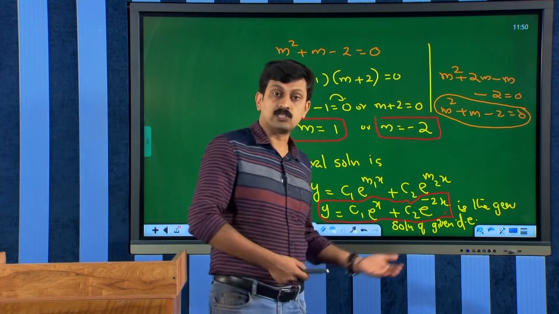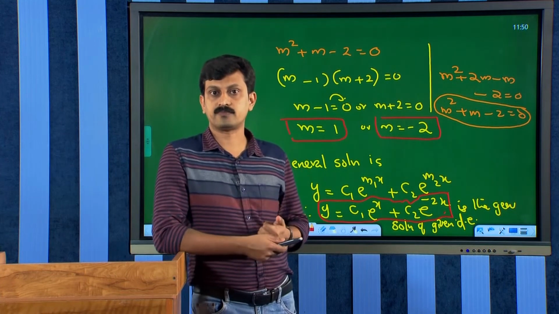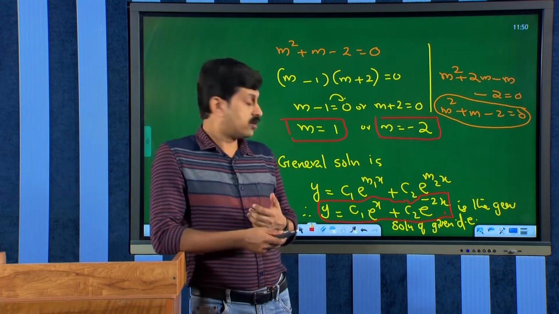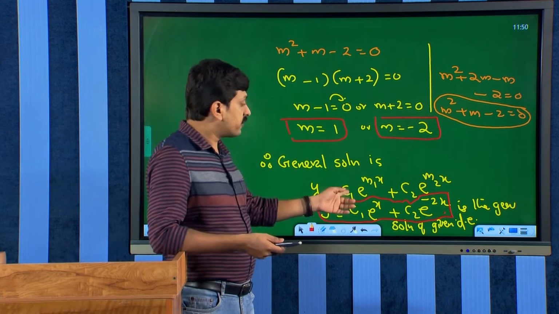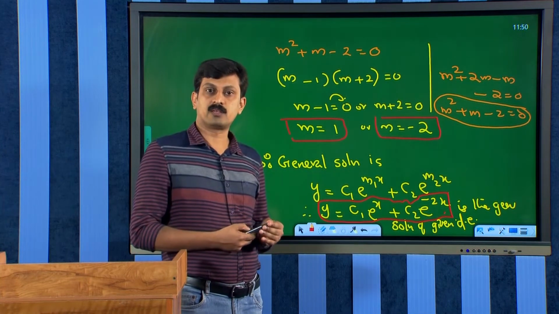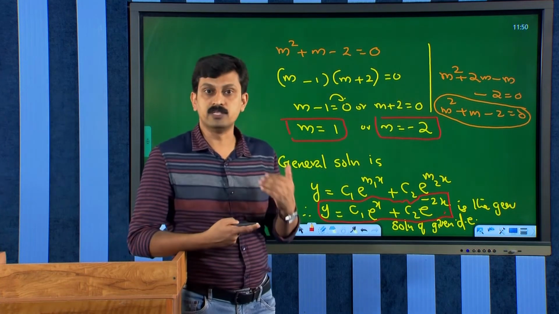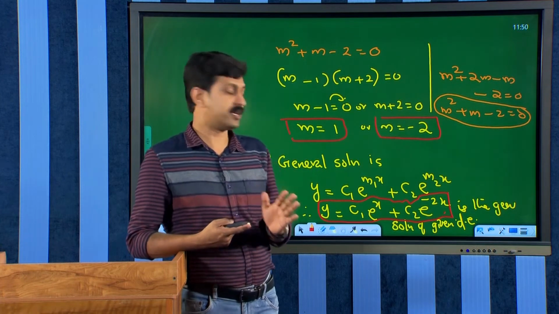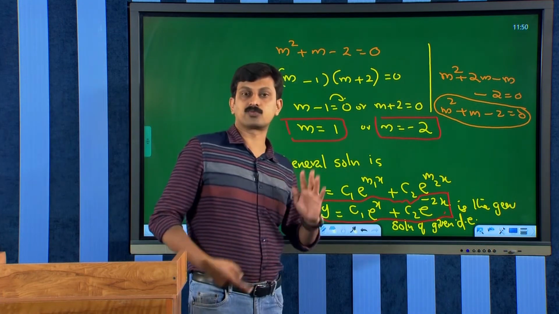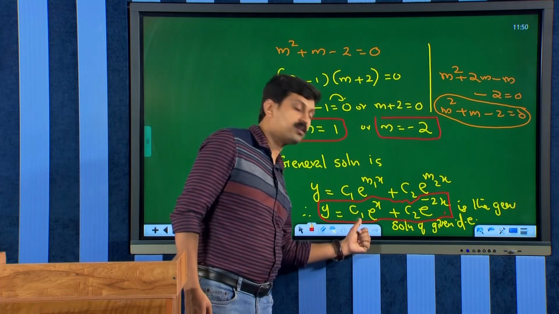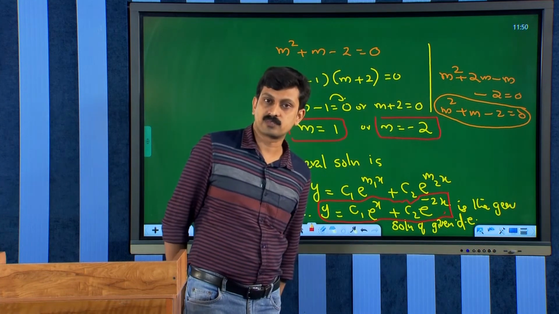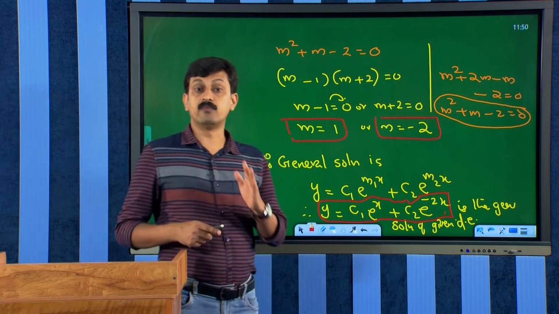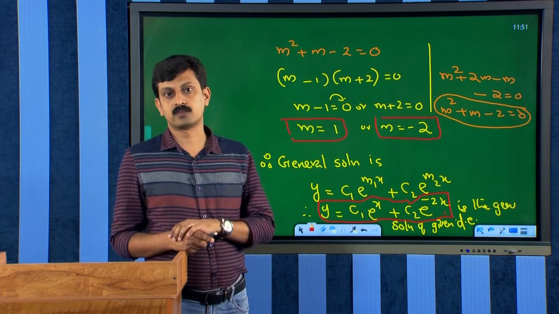Here c1 and c2 are the arbitrary constants. If it is an initial value problem, the initial conditions will be there. If we apply the initial conditions in this general solution, we can find the particular values for c1 and c2, and from there we will get a particular solution.